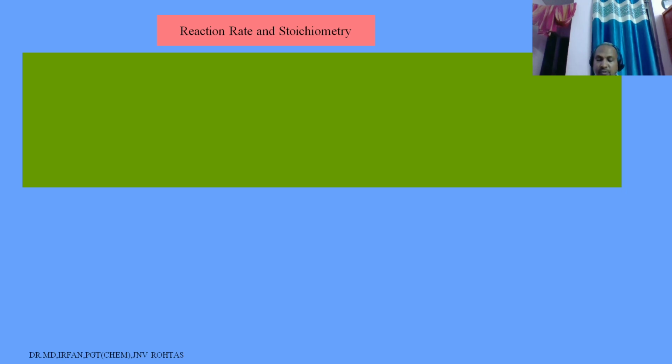Reaction rate and stoichiometry. In most reactions, the coefficients of the balanced equation are not all the same. आप देखते हैं कि मैक्सिमम रिएक्शन में या किसी भी रिएक्शन में कोई जरूरी नहीं कि आपका कोफिशिएंट सबका इक्वल हो. For example, H2 plus I2 gives 2HI.